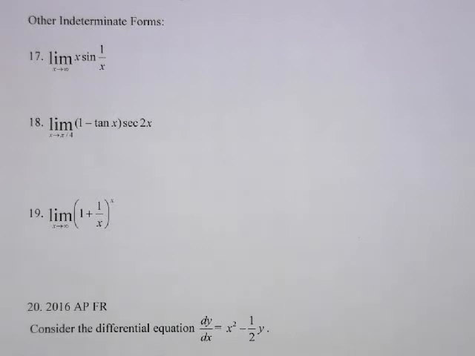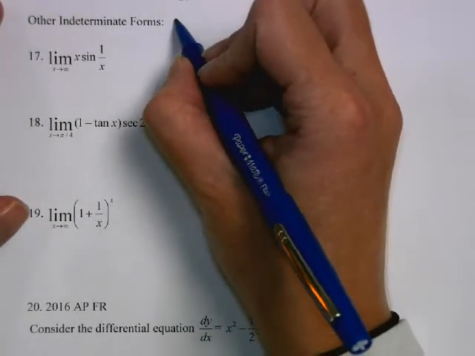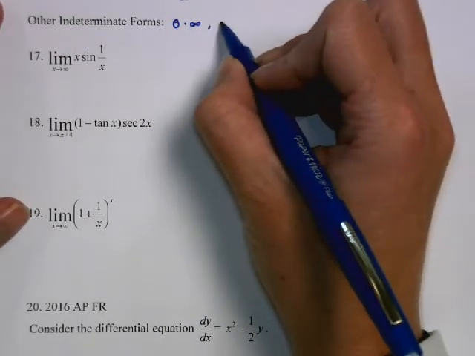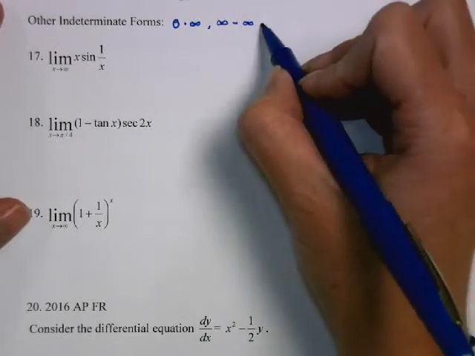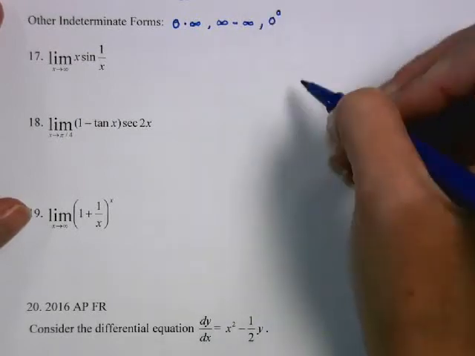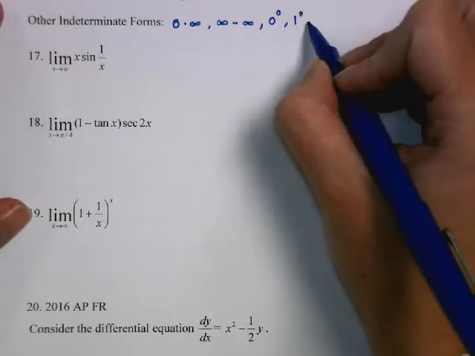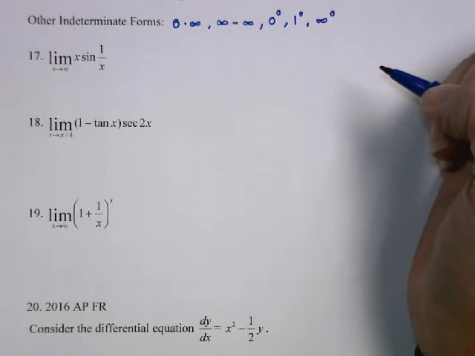Okay, there are other indeterminate forms besides 0 over 0 and infinity over infinity. So these include 0 times infinity. It includes infinity minus infinity. It includes 0 to the 0, 1 to the 0, and infinity to the 0.